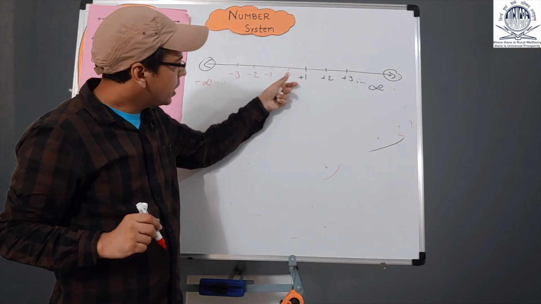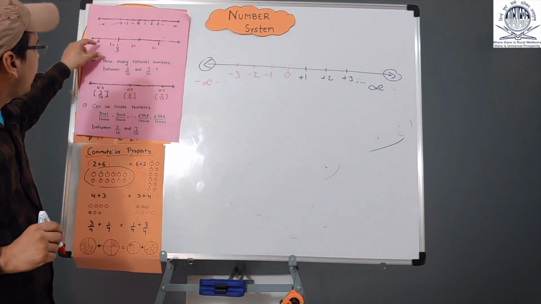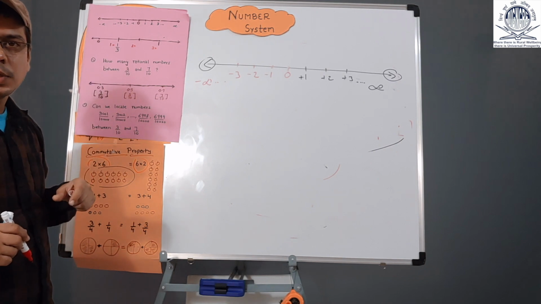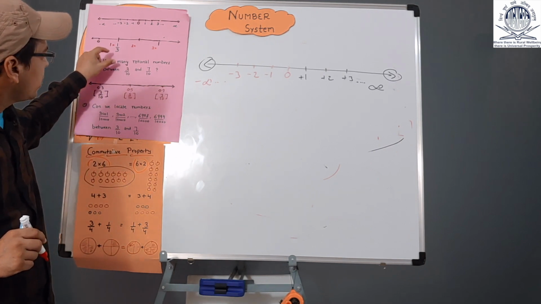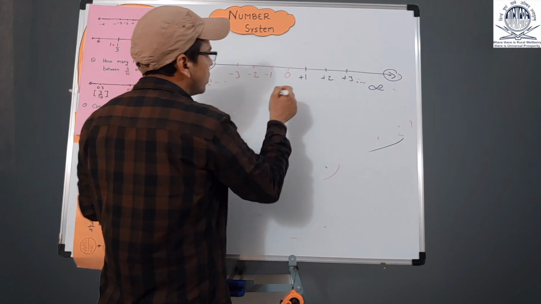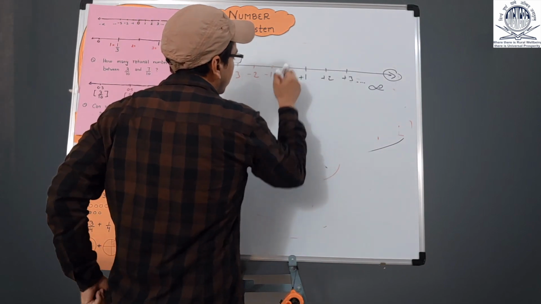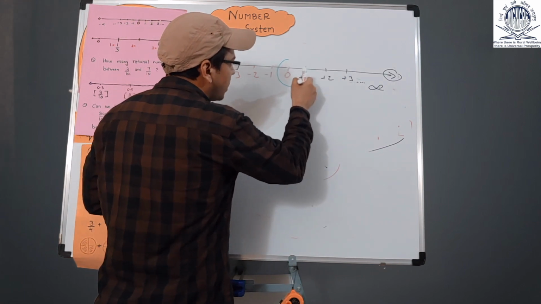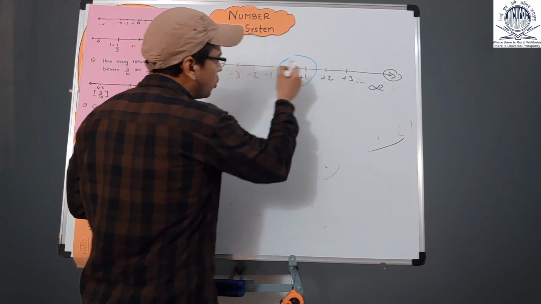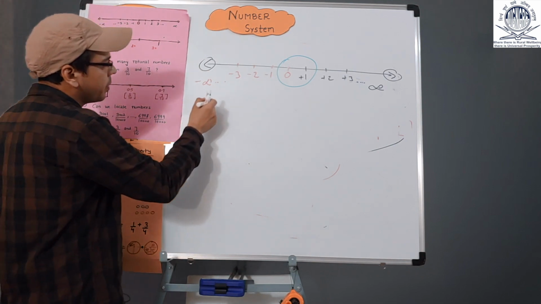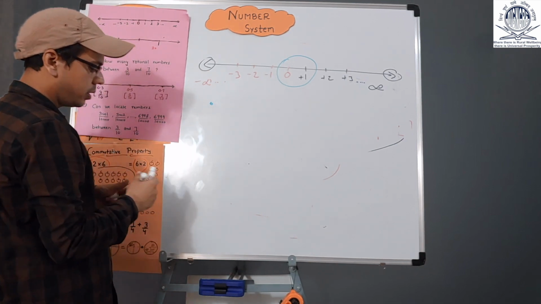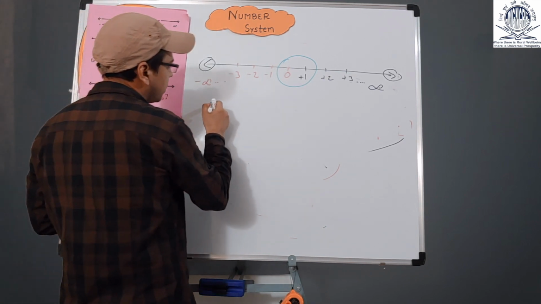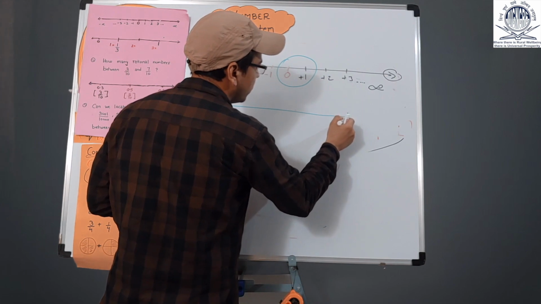Now what I want to analyze in this number line is whether I can find some rational numbers, or is it just a story? Let's try to do that. I want to concentrate on this portion over here. Let me take another color and emphasize between 0 and 1. Let me put a dot over here and try to see if I can make some space from 0 to 1.